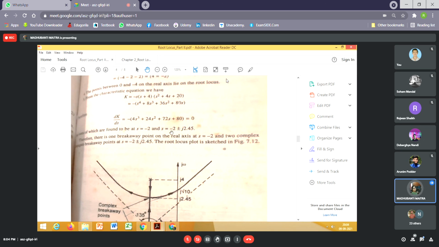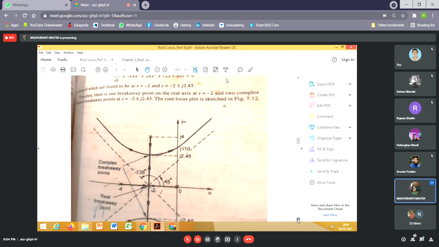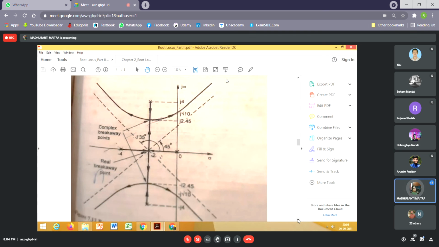If the angle criterion is satisfied at one point, that is at minus 2 plus j 1.45, then automatically it will be satisfied at the conjugate point, that is at minus 2 minus j 1.45. So for both the points, you don't have to apply the angle criterion. Just apply it for a single point, and automatically the conjugate point will be a breakaway point, because of symmetry.